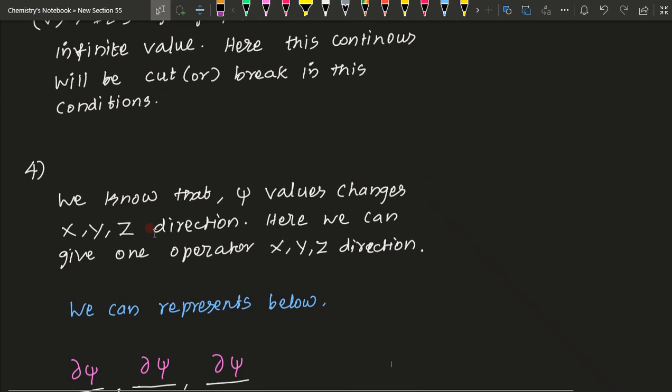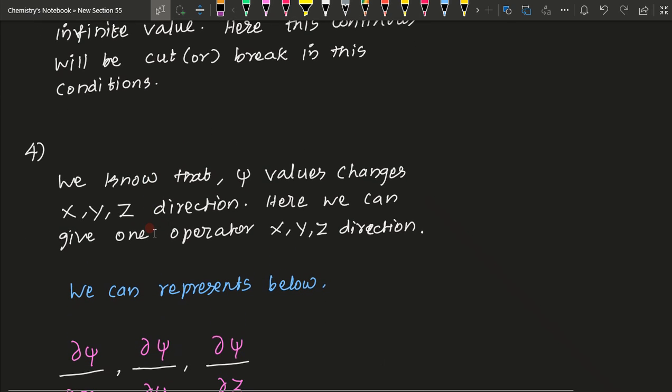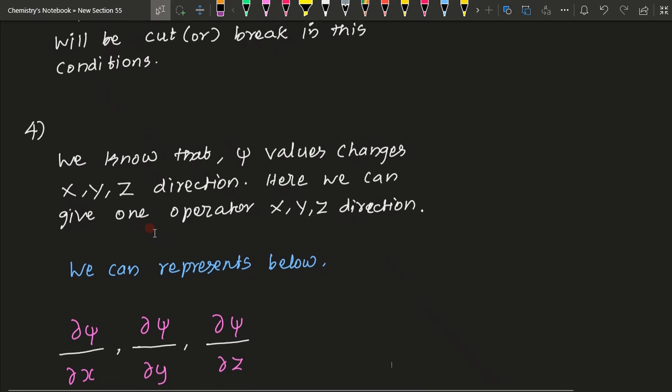Next, we know that psi values change in x, y, z direction. Here we can give one operator for all of x, y, z direction.